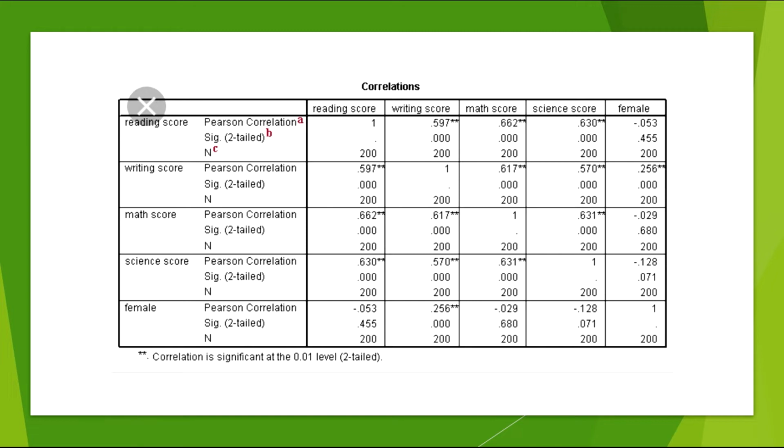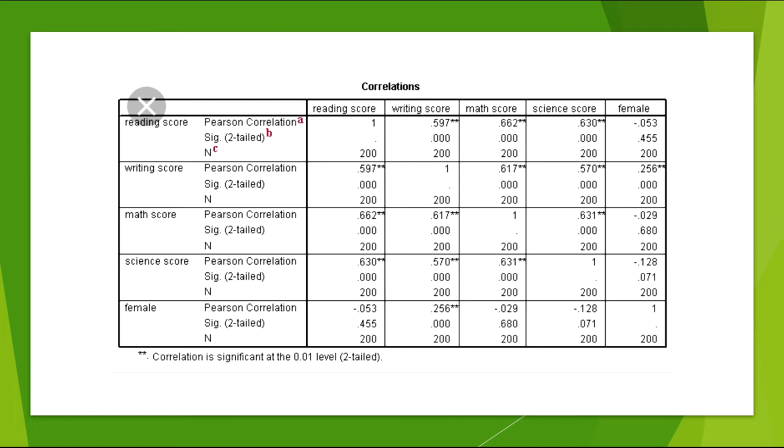The columns are reading score, writing score, math score, science score, and female. So without reading any literature, you know female is the DV and all the scores are the IVs. You're looking at whether the scores are influencing female or not.